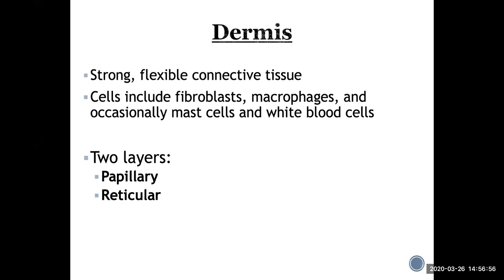Got it. Okay, I see what you're saying. When you explained it that way, where it's the simple squamous tissue, which is the epidermis, and then connective tissue, which is the dermis. Exactly. And so any connective tissue is going to have these fibroblasts and macrophages. Am I understanding that correctly?